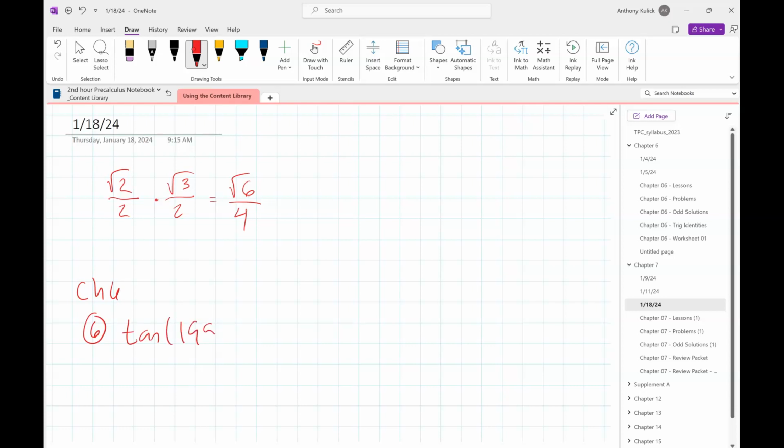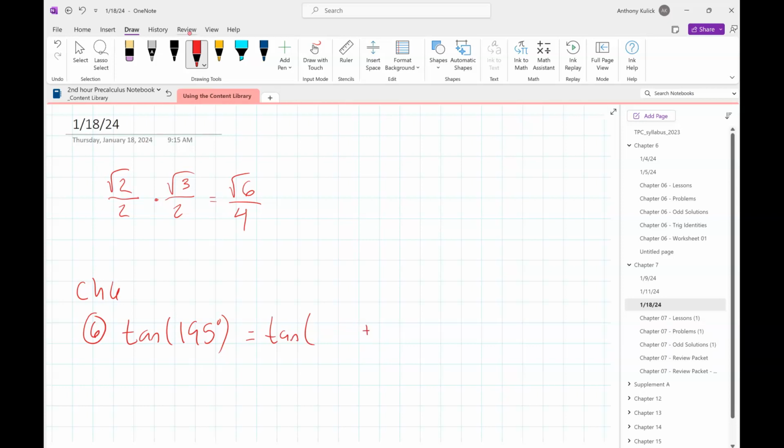So the directions for this say to use your sum and difference identities to find the exact value, right? So the first thing I want to do is rewrite tangent of 195 as either the sum or difference of 2 unit circle angles.